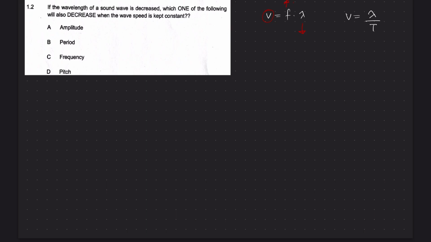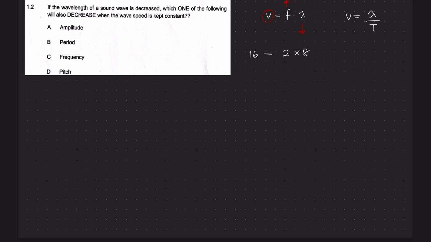So obviously that's not going to work because we want to know which will decrease. Now if this doesn't make too much sense to you, you could think of it in the sense of an equation using numbers. So for example, you could say 16 equals, let's say, 2 times 8.